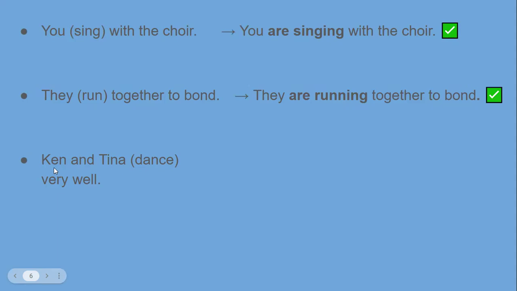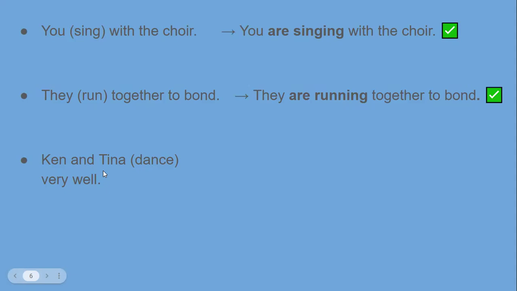Next, Ken and Tina dance very well. Subject, Ken and Tina. So here, right, you have a he and a she. So you've got two people. In this case, I'm talking about other people. I did not include myself. Therefore, the collective subject is the same as they, because I'm not part of the subject.